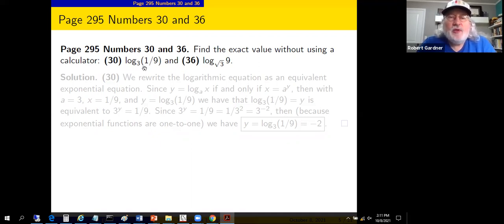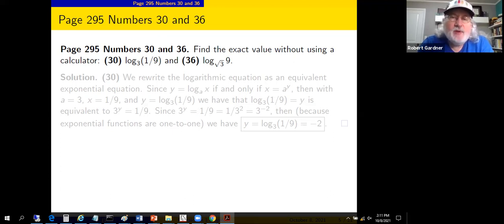What we're looking for in this first one, verbally, is the exponent we would put on the base 3 to produce the output of 1/9. Here we're looking for the exponent, the logarithm, we would put on the base square root of 3 to produce the value 9. And I see lots of powers of 3 here, so we'll actually be able to do this without a calculator.